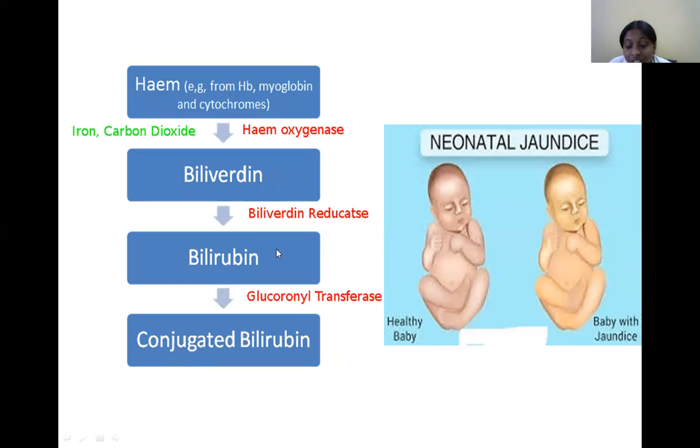Bilirubin is conjugated with UDP monoglucuronide or UDP diglucuronide in the presence of UDP glucuronyl transferase, forming conjugated bilirubin. When there is a deficiency of UDP glucuronyl transferase in neonates, neonatal jaundice or physiological jaundice forms. This is a healthy baby and a baby with jaundice.